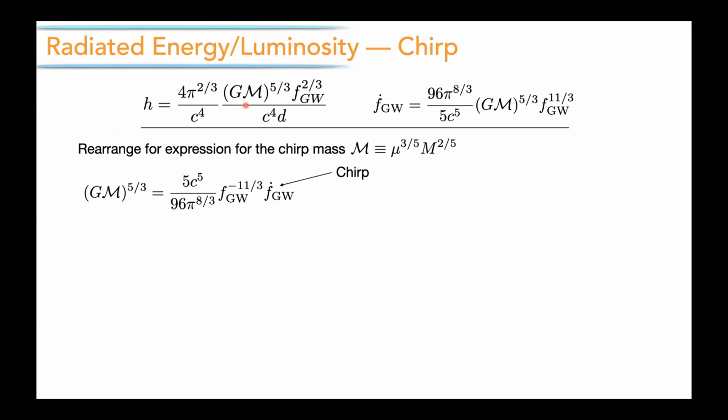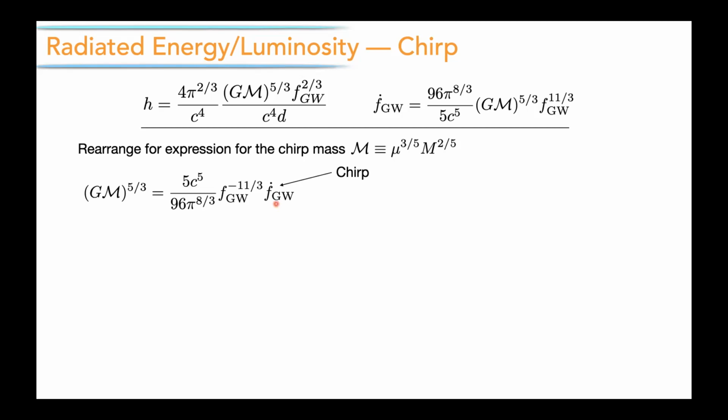And we've been using this script M, which I've called the chirp mass. And if we look at that formula for the gravitational wave decay rate over time, the change in the frequency over time, here, you can see why this is called the chirp mass, because you can rearrange for this M, this chirp mass, which is again a combination of m1, m2, m total. And you can write it only in terms of the frequency and the frequency derivative.